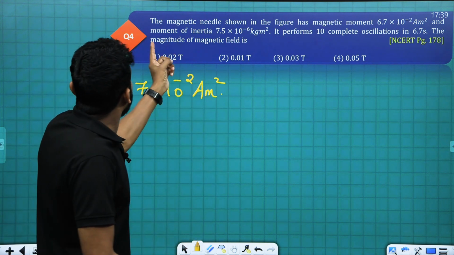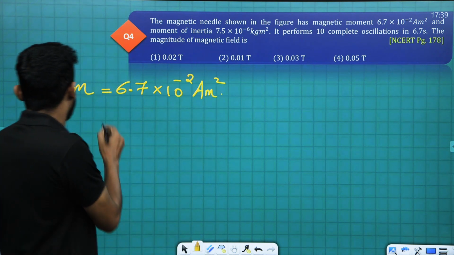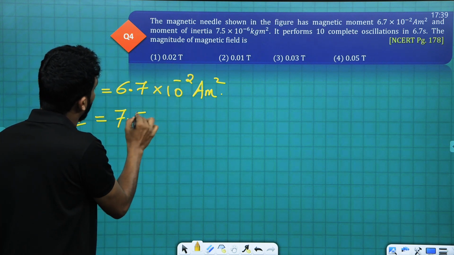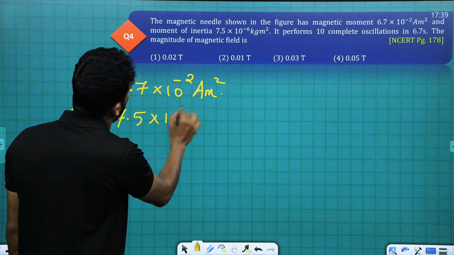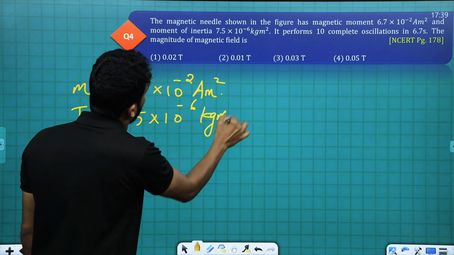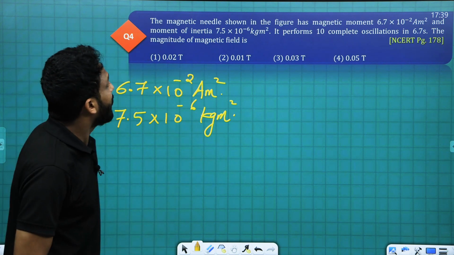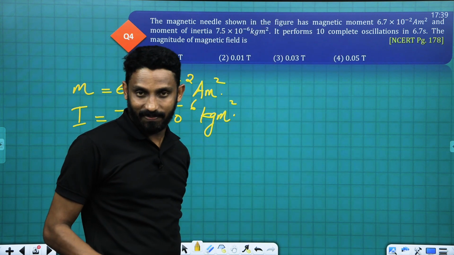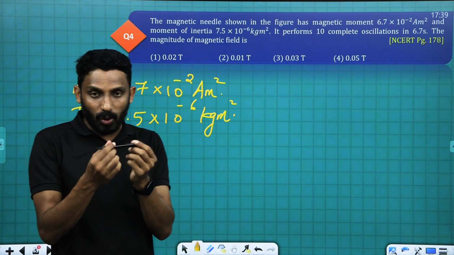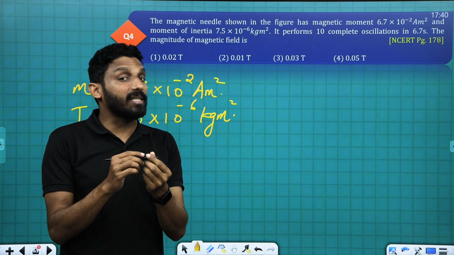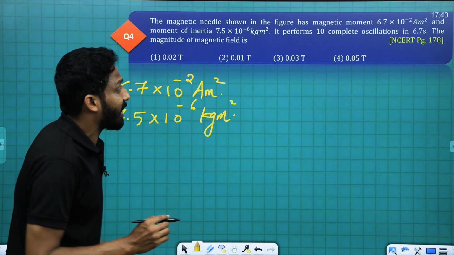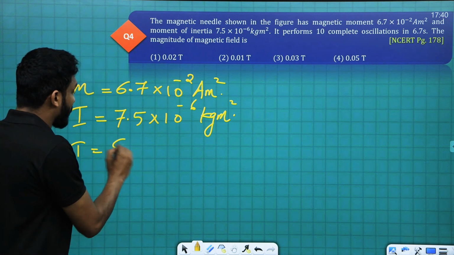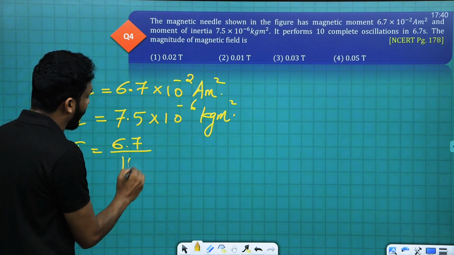The moment of inertia of the needle is I, equal to 7.5 into 10 to the power minus 6 kilogram meter square. It performs 10 complete oscillations in 6.7 seconds. The magnetic needle takes 6.7 seconds for 10 oscillations, so the time period of the oscillation will be 6.7 seconds divided by 10.